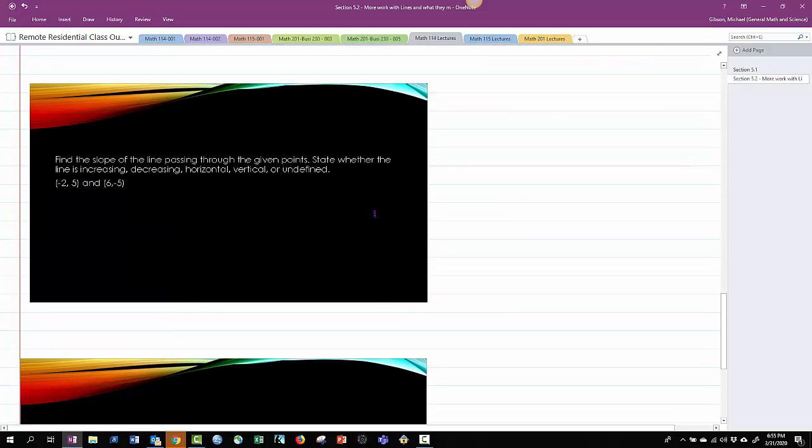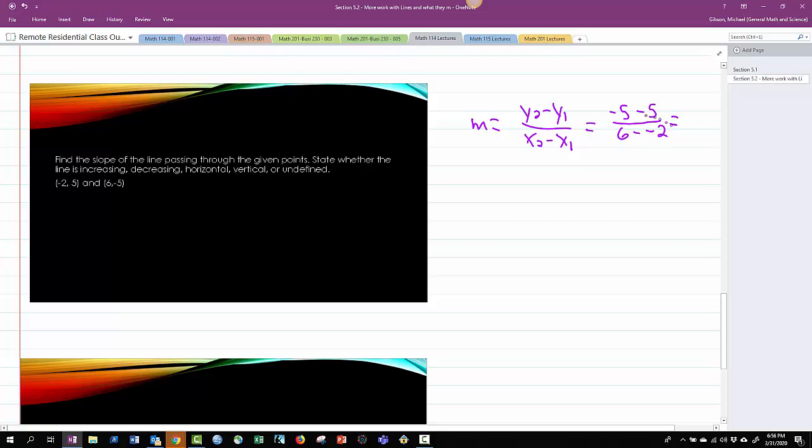Find the slope of the line passing through the given points. State whether the line is increasing, decreasing, horizontal, vertical, or undefined. All right. Slope, we're back to our y2 minus y1 over x2 minus x1, which is going to be minus 5 over 6 minus negative 2.